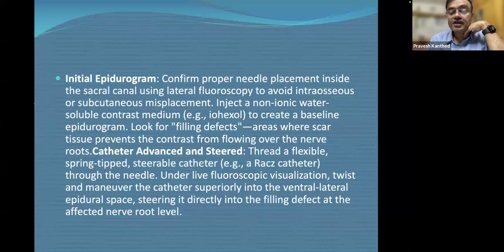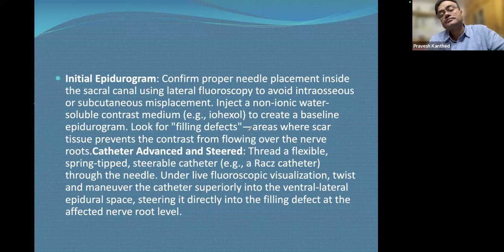Inject a non-ionic contrast, and then you will see the filling defects in the epidurogram. This filling defect will be the area where scar tissue prevents the contrast from flowing over the nerve roots. Then advance the catheter up to that point. Suppose there are adhesions, or it's a failed back surgery and a laminectomy at L5 S1 was done.